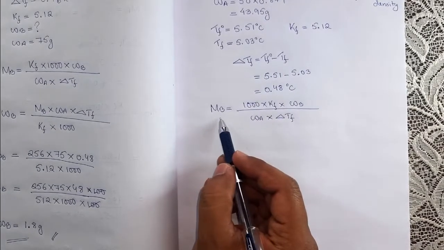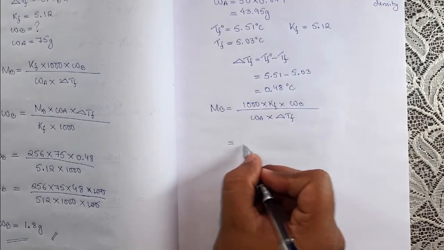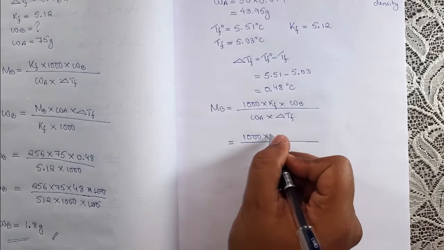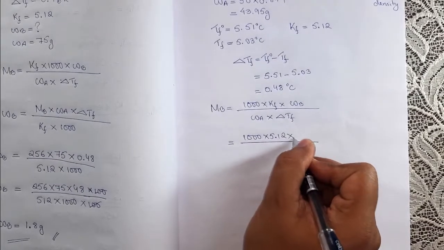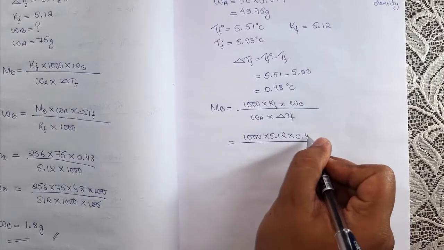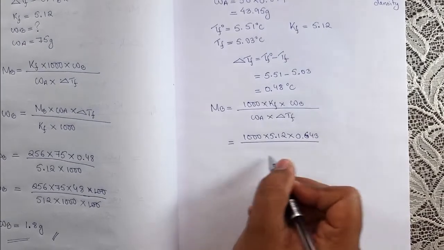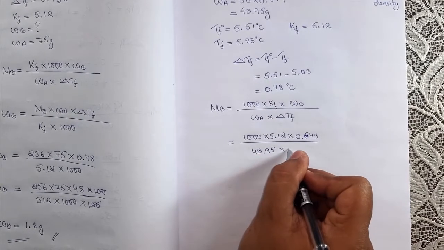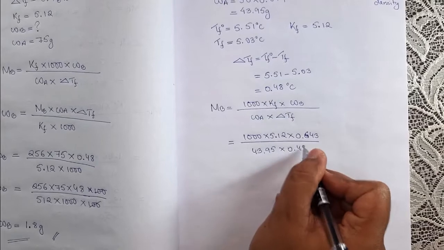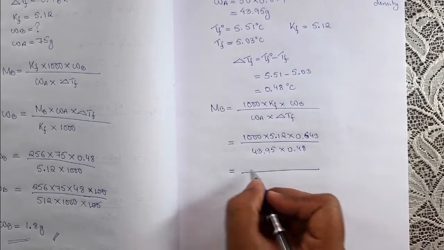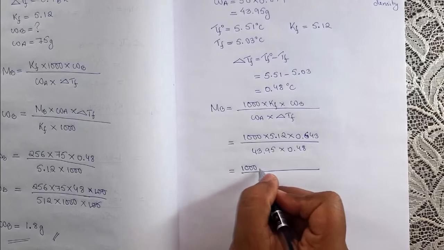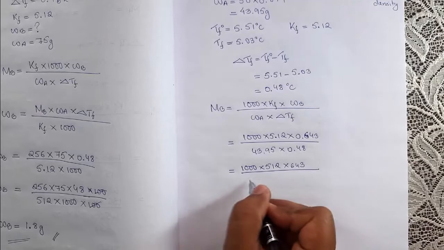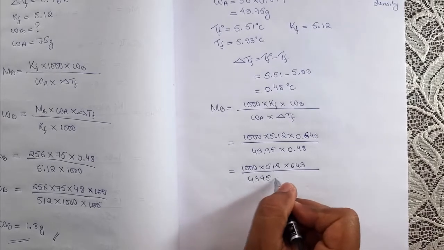Since we are going to calculate molar mass, I'll write the givens. 1000 into KF is 5.12, WB is 0.643, WA is 43.95 into ΔTF is 0.48. Let me remove all the decimal points here, so I'll write 512 into 643, 43.95, 48.